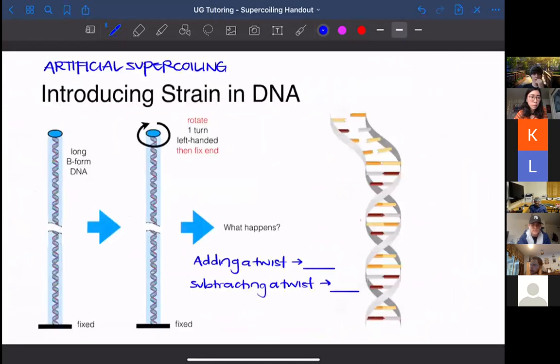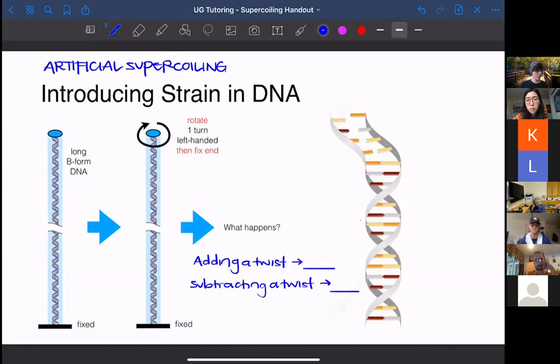Okay, so supercoiling is a conformation that DNA takes on. I think the easiest way to approach supercoiling is to look at artificial supercoiling before you reach it in the cell. How can you induce supercoiling in a strand of DNA? When you have your normal B-form DNA fixed on one side, you can rotate the DNA left-handed or right-handed to change the twist number.